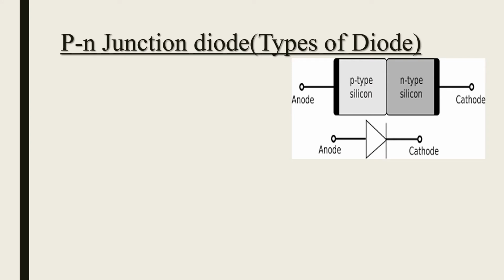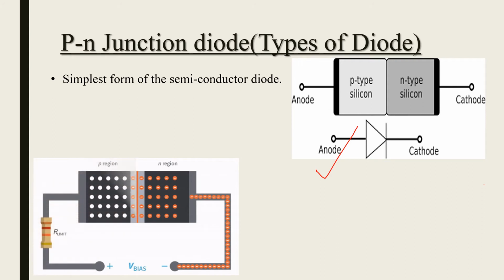In an ideal condition, this PN junction behaves as a short circuit when it is forward biased and an open circuit when it is reverse biased. Basically it performs like this only. And this is the basic diode in electrical and electronics systems.